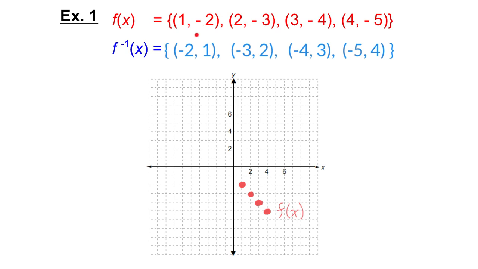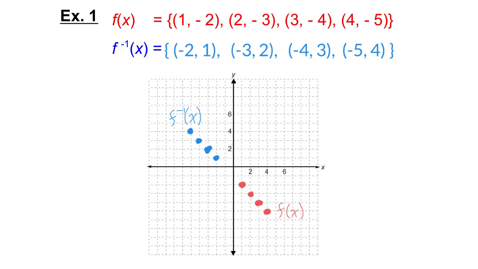See, I switch x and y for each ordered pair. So every single point on the function f of x has its input and output reversed. That's what inverse means. And if I plotted it on a graph, it would look like this. So f of x is here, the inverse of f of x is here.